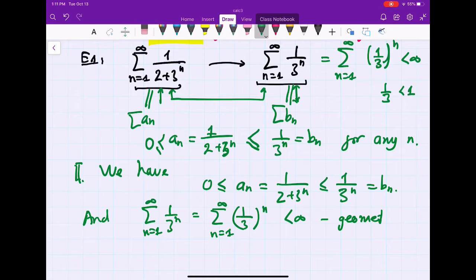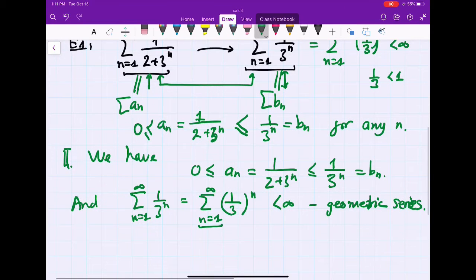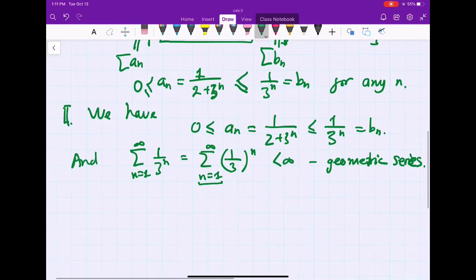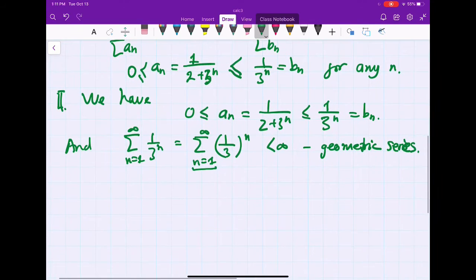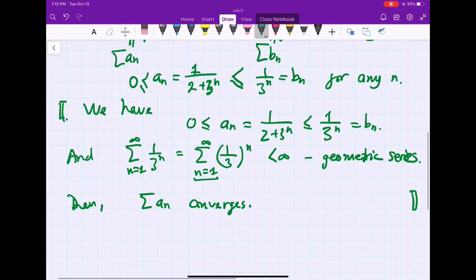That is a geometric series. Don't forget, for a geometric series the index runs from 0, but it's fine. You can add and subtract a finite number of terms. That's not a big deal. It still converges. Then the series of a_n converges. Does that make sense? So it is pretty nice, right?